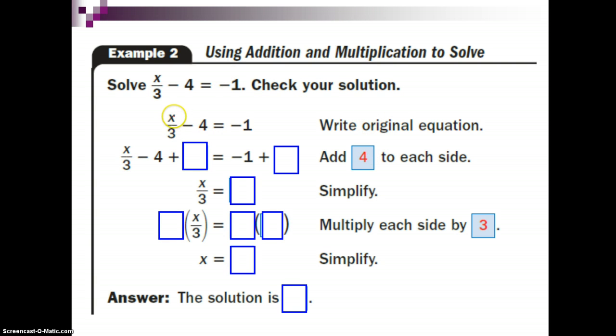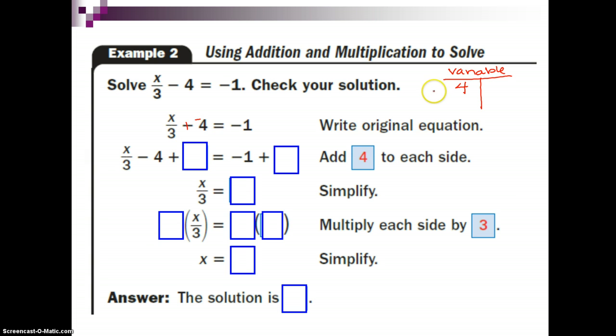This time, let's look at what's happening to the variable. The variable right now has subtraction. You're subtracting 4, okay? And I'm actually going to change that. So erase that for a second. Instead of subtracting 4, I'm going to change it to adding the opposite. So let's do that right away.